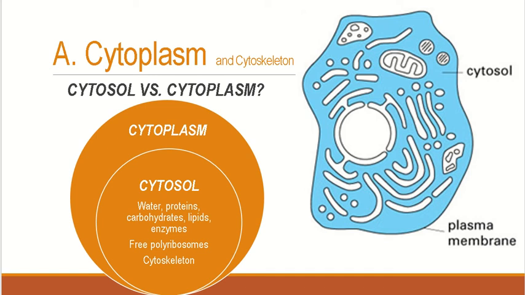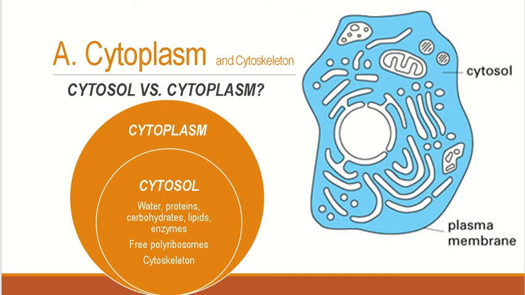The cytoplasm, in addition, is also a site for most metabolic activities of the cell. Again, most metabolic activities of the cell. Why? Because the cytosol is the liquid portion of the cytoplasm, and one of its most abundant contents is water, hence a watery substance.